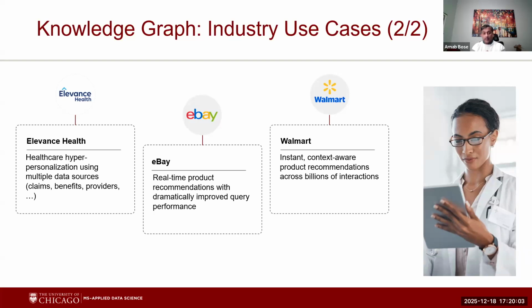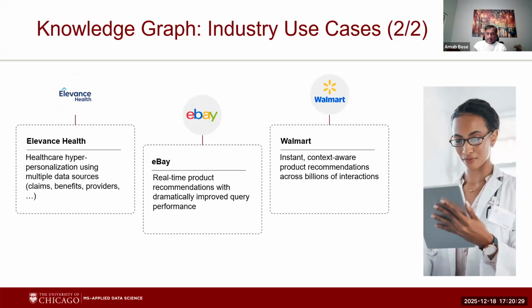Then retailers like you and me, right? We all know eBay does a lot of recommendation using graph databases, and of course Walmart, again, context-aware product recommendations. And these are all being powered by a knowledge graph, where they're leveraging the relationships between different entities.